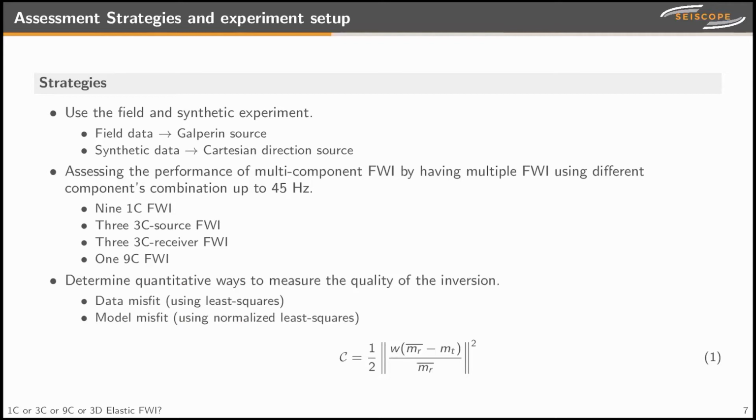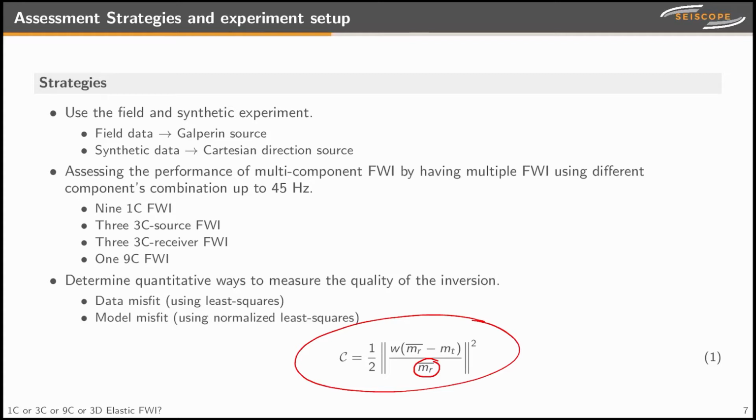You can see here, equation 1 is the equation for the model misfit, in which each value is normalized by the reference model. This reference model ideally is the true model, and it is easy for the synthetic data because we exactly know what the true model is. But for the field data, this is quite tricky because we do not know the true model.